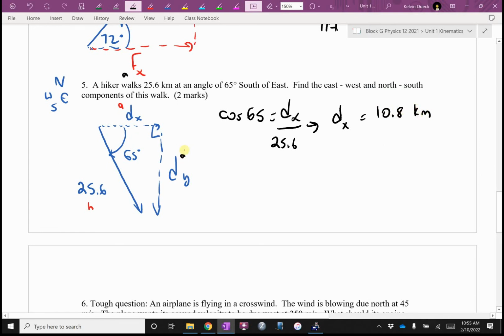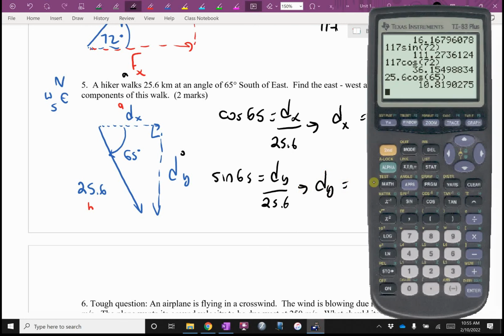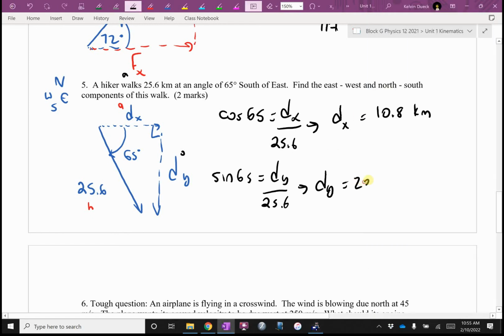I think dy ends up being, Mr. Dewick, sine 65. So if I just backspace and edit, 23.2. Is that right? One mark for each of those.